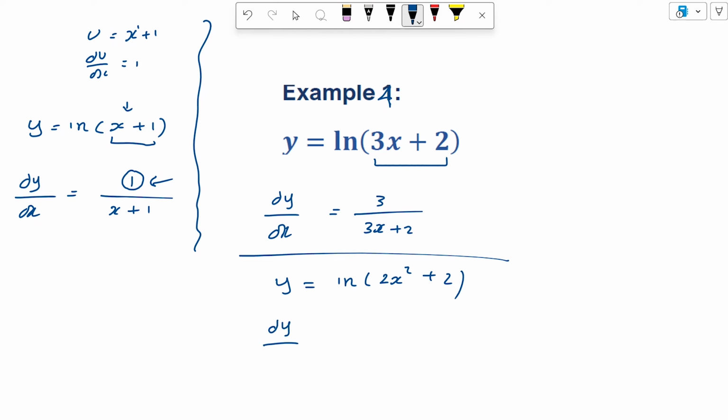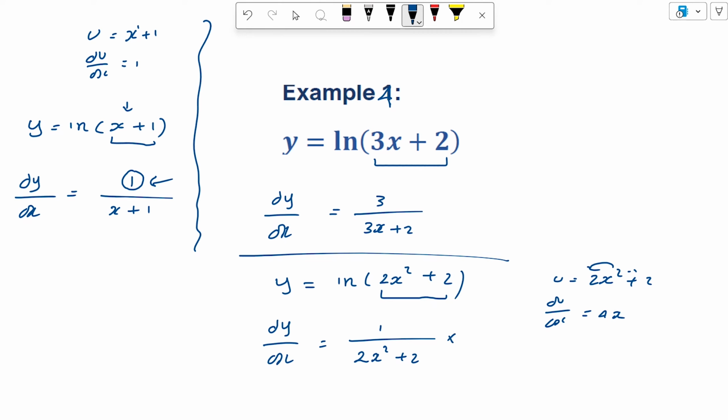dy over dx is going to be, bring everything down and make it a denominator. So that's going to be 2x squared plus 2. Now differentiate what's inside the bracket. u is equal to 2x squared plus 2, du over dx is equal to 2, bring down the exponent and subtract it by 1. That's going to be 4x, right?